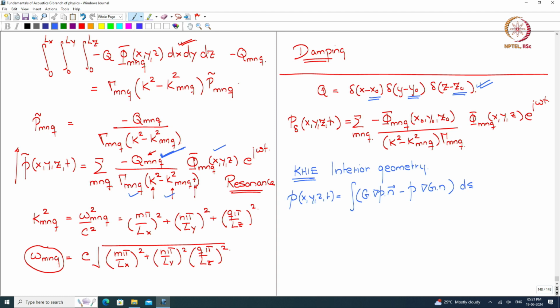Now in some sense, because q is a delta function, this is the green function, inside the rigid walled box.